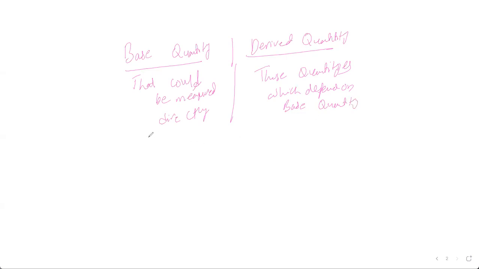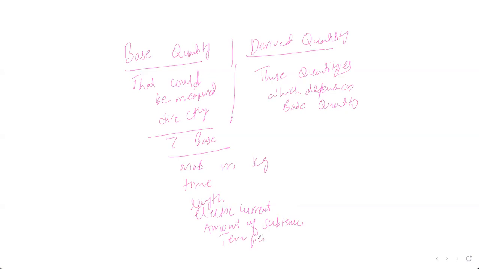For example, we have a total of 7 base quantities which we could measure directly. Those are mass, with the unit of kilogram. The units are called base units. Mass, time, length, electric current, amount of substance, temperature, and intensity of light.